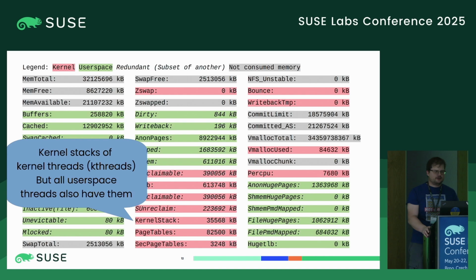Another kernel consumer of memory are the stacks of processes that are used when the processes enter the kernel. So every user space process will also have its kernel stack in case it wants to do a syscall or is interrupted by an interrupt.